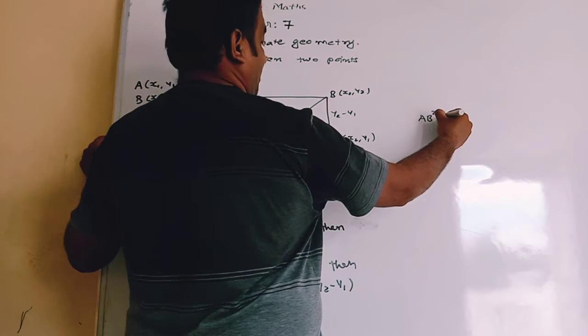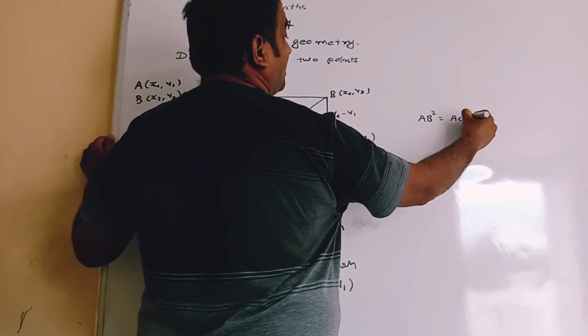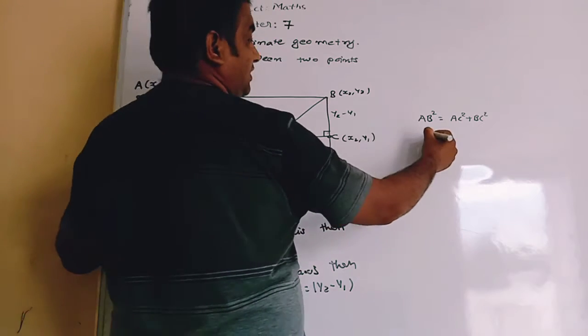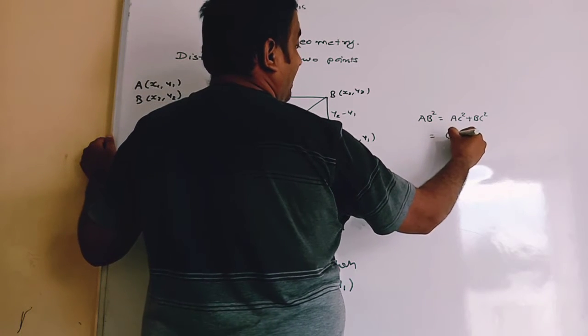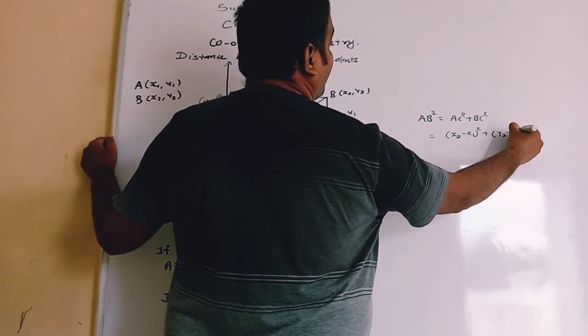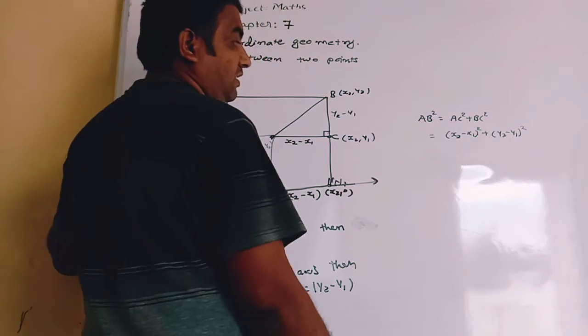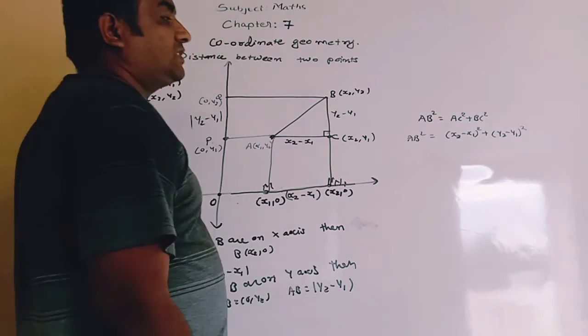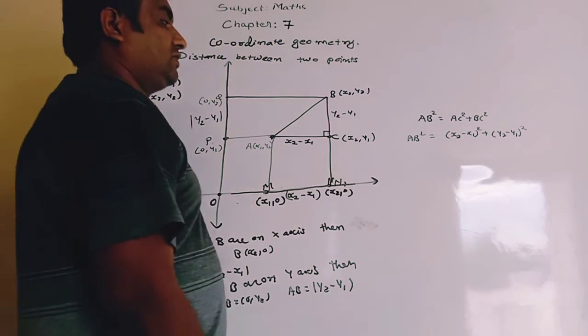AB square equals AC square plus BC square. So AC square will be (x2 minus x1) square plus BC square, (y2 minus y1) square, and so AB square equals (x2 minus x1) square plus (y2 minus y1) square.